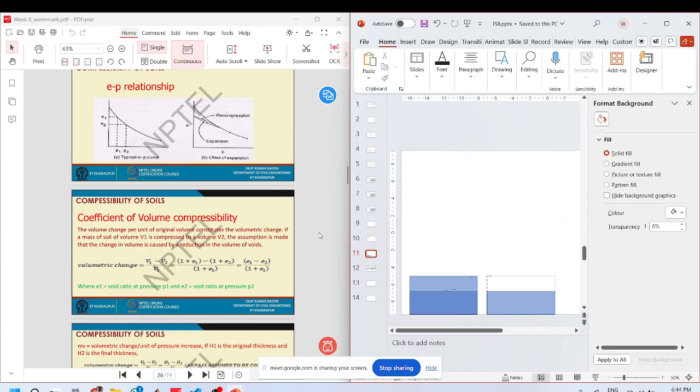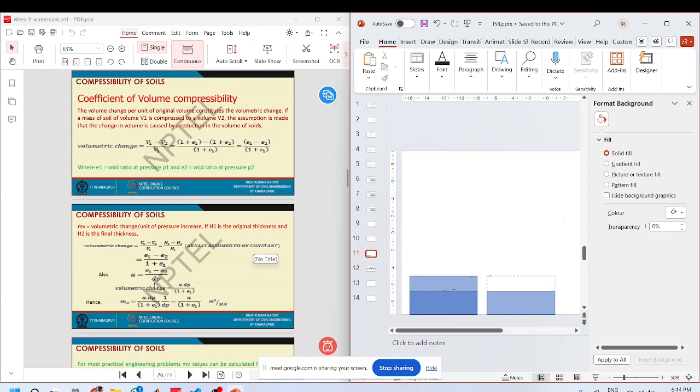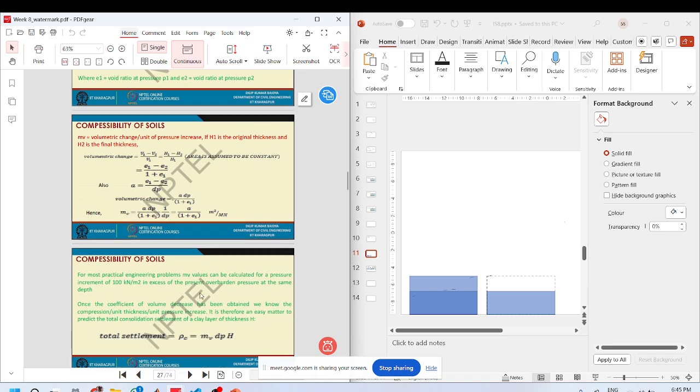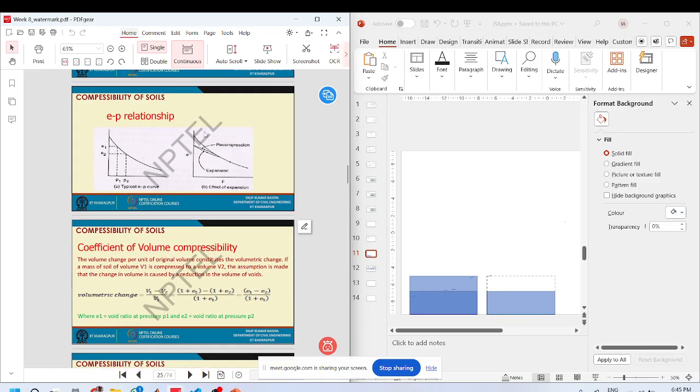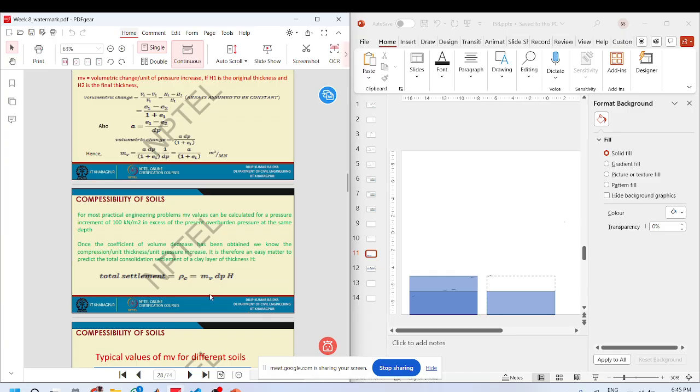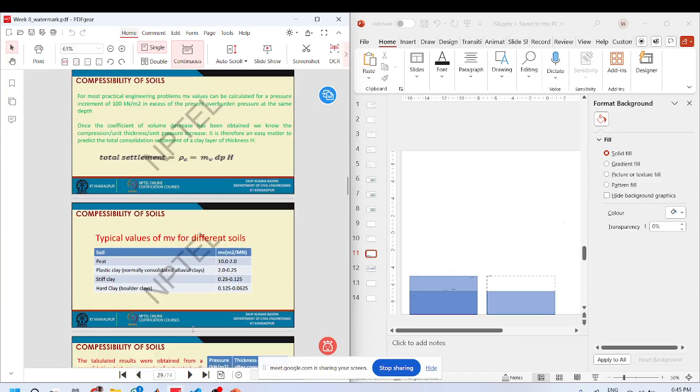So coefficient of volume compressibility is equal to volumetric change, like how much volume is changing with change in P. Compressibility of the soil.